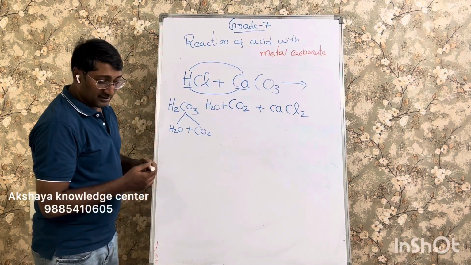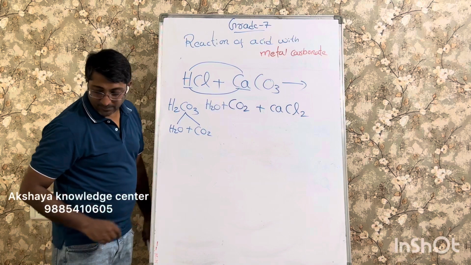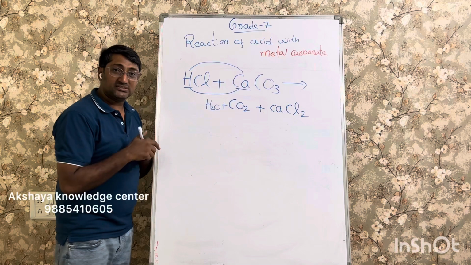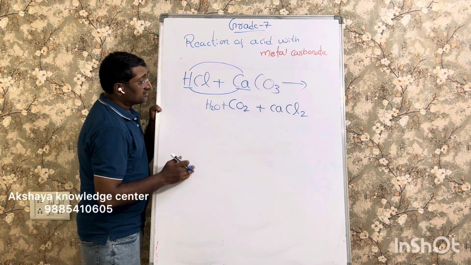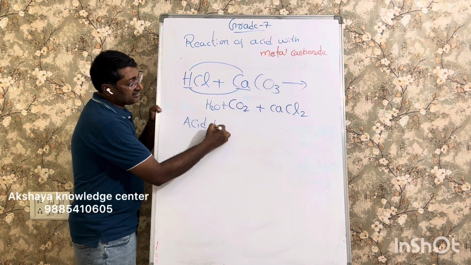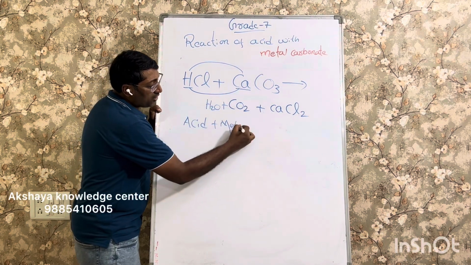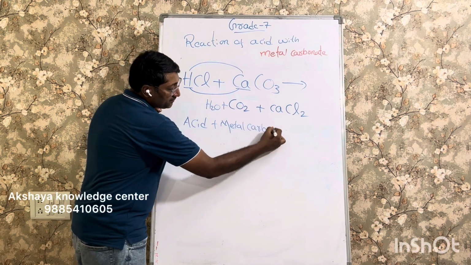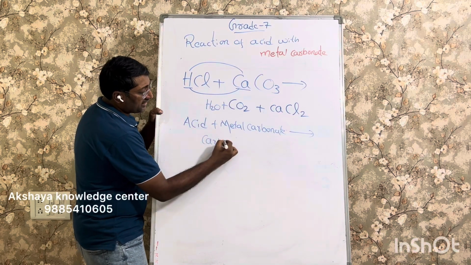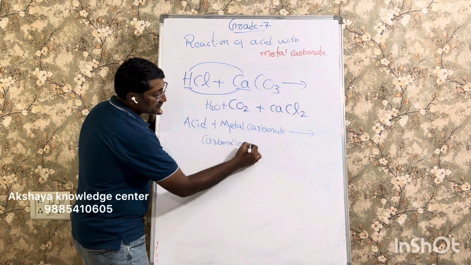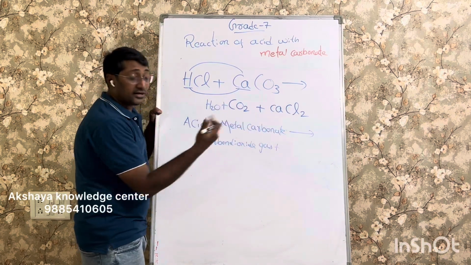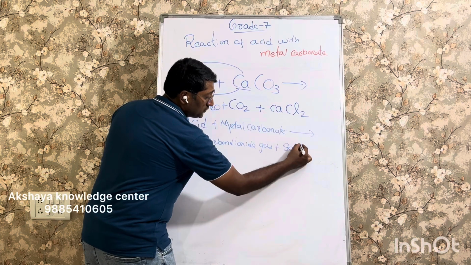Okay, and let's make it simple by writing it in words. For 10th class you can use this equation format, but for 6th class or 7th class the reaction is: acid reacts with metal carbonate to produce carbon dioxide gas plus water and calcium chloride, which together is a salt solution.